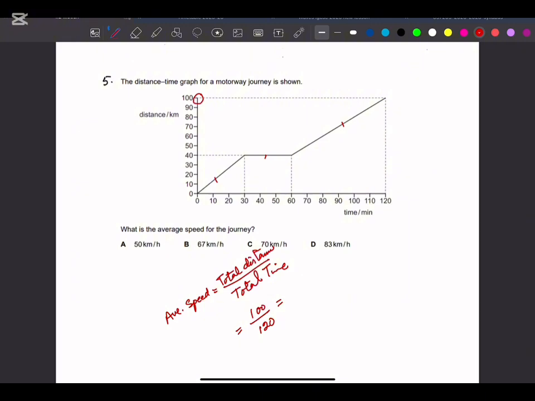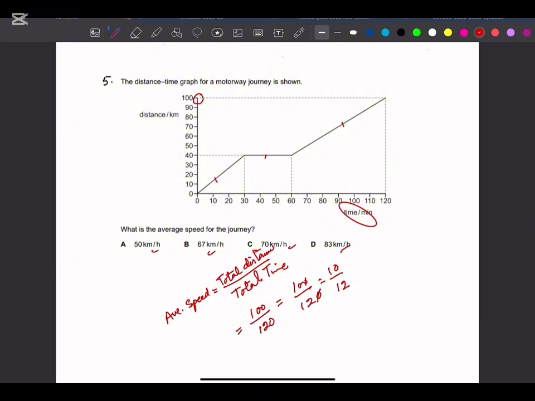So when you divide this 100 by 120, you will get something like 10 divided by 12. But here you have to remember one more thing, and that is about the unit. Here you can see that the unit is minutes, but in all answers we are dealing with hours.